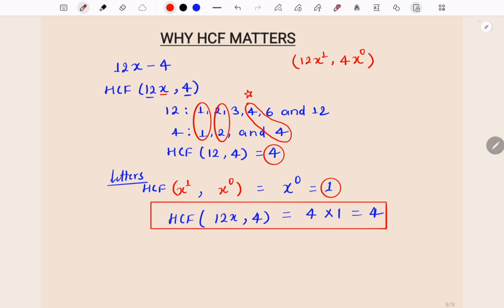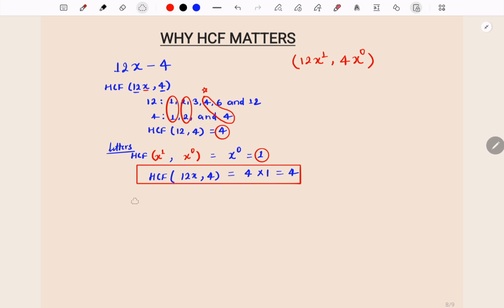Now, let's take the original expression. We had 12x minus 4, right? Our HCF of these two terms was 4, right? So let's factor out 4.